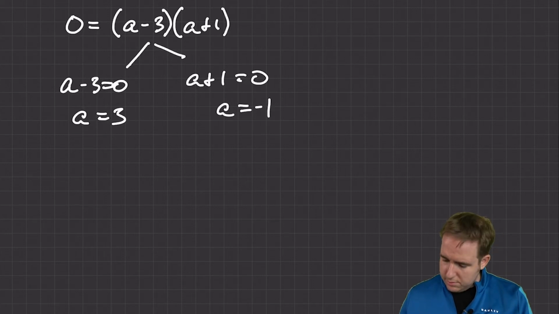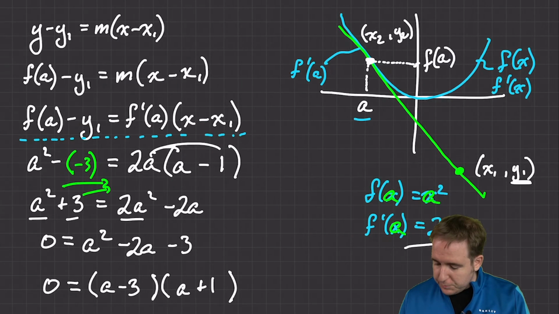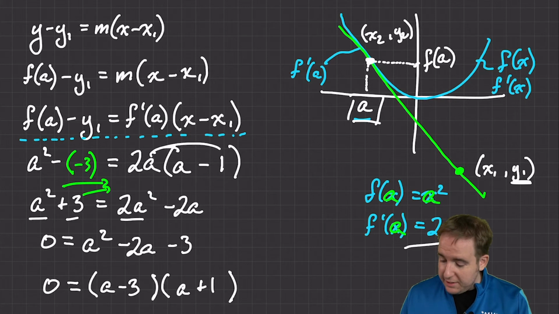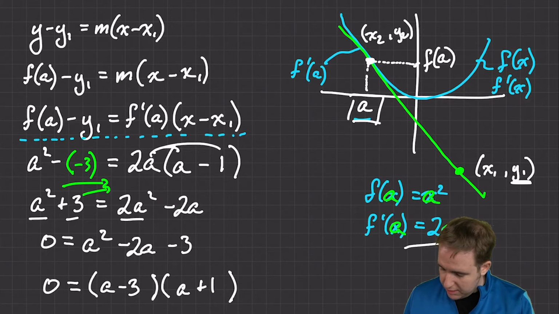Now, this is weird because I have two answers for a. I was only looking for one number. What that means is, and if I'm going by this graph, this number should be the minus 1.